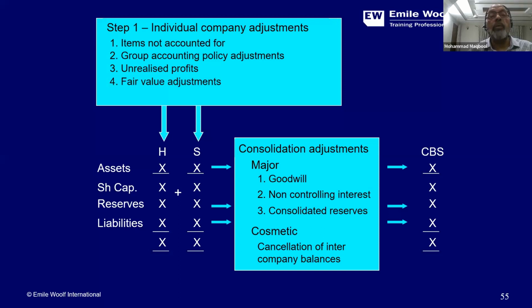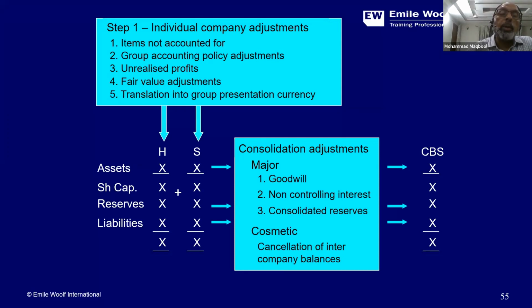They are the 5 areas I discussed. Item not accounted for, like you have not made a provision in a company, say some provision is missing. You make that provision in that company. You haven't provided the impairment in H, that has to be applied. And the group policy adjustment, group policies are not uniform.